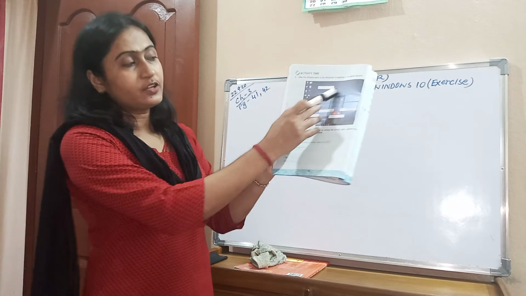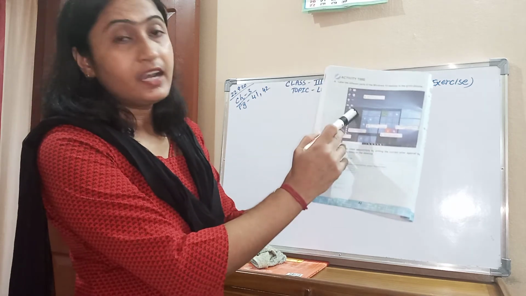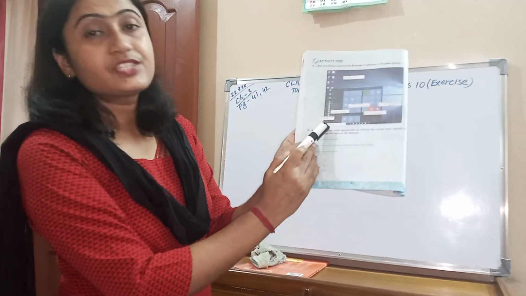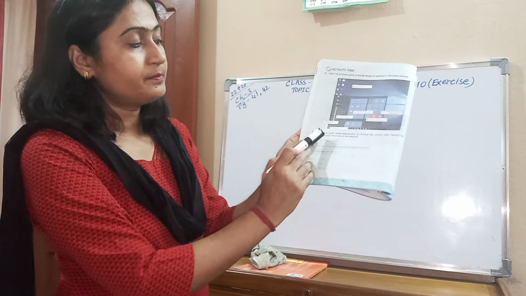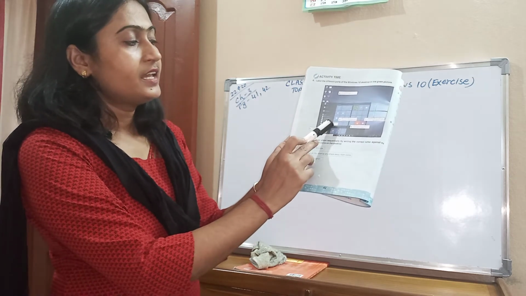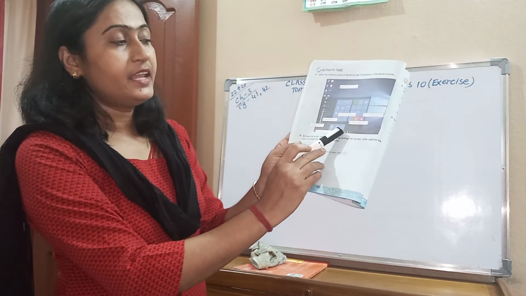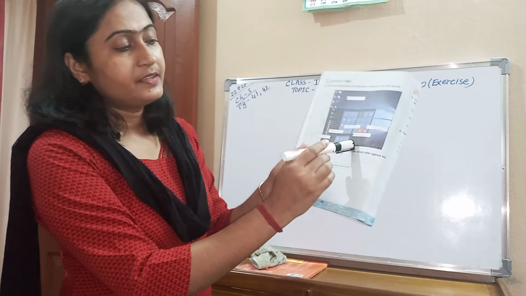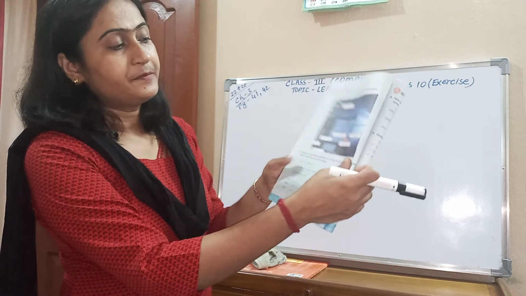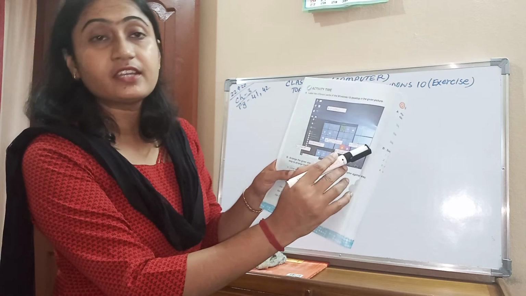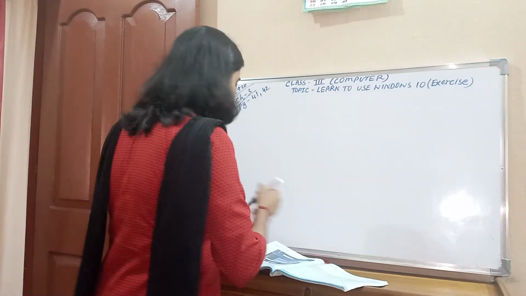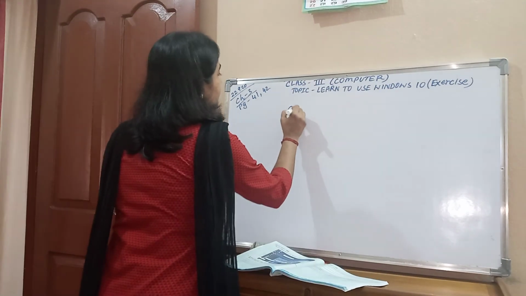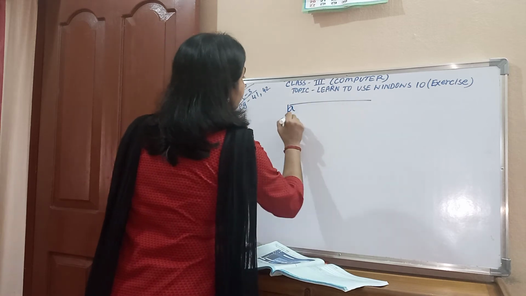This is icon, number A. These are icons, and this is start. A icon, B start, C search, D pinned application, E taskbar, and F notification area. Okay, so please all of you write down.